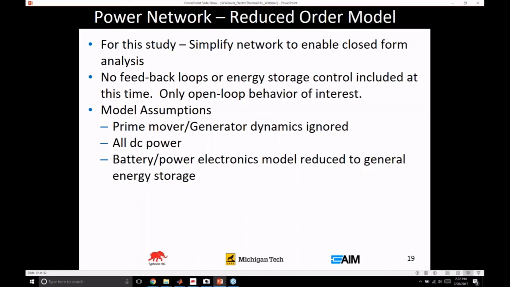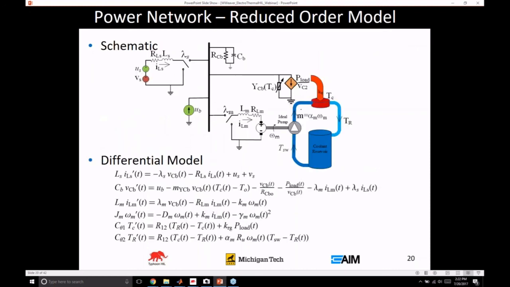So no feedback loops, and there's no energy storage in the system. Also, to simplify things a little more, I'm going to ignore some of the prime mover dynamics, turbines and reciprocating engines. Look at all DC power, and energy storage is ignored.